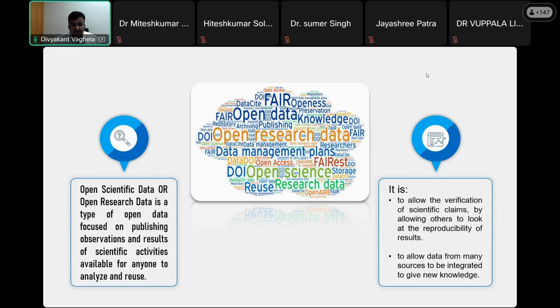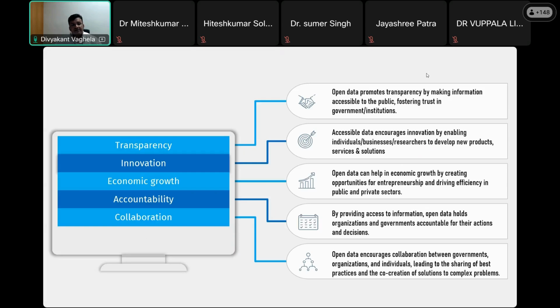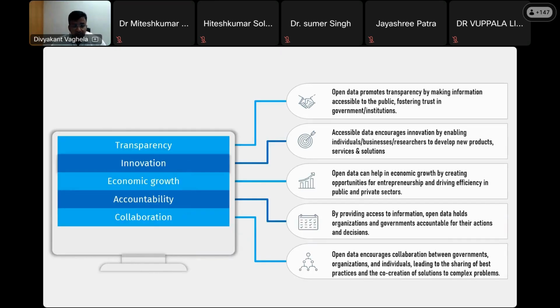So with that, the benefits of open data come into the picture. Now, there are many benefits. When the data is available in open, then anyone can use that data. They can verify its findings, and if the findings were proper, then it will build trust between governments, institutions, organizations, and individuals.